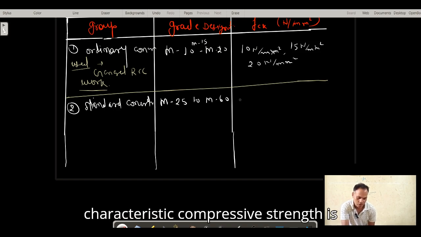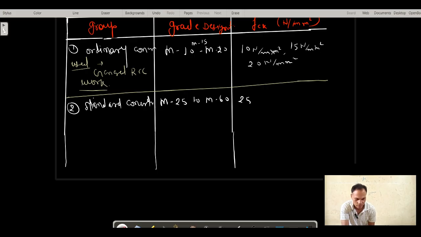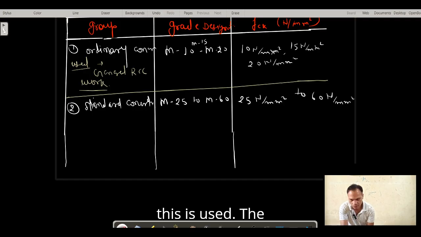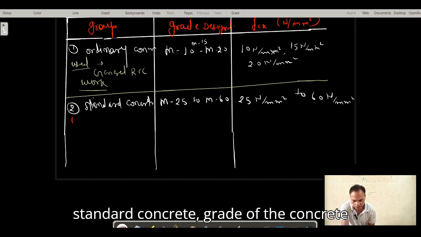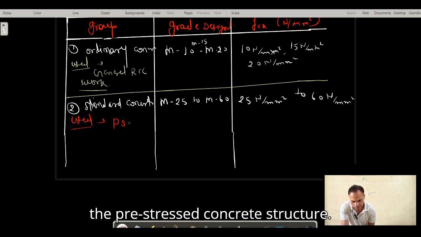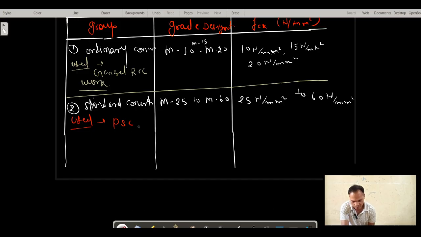Its characteristic compressive strength is 25 Newton per mm square to 60 Newton per mm square, and this standard grade of concrete is used generally for pre-stressed concrete structures.